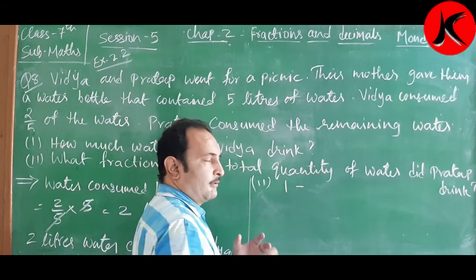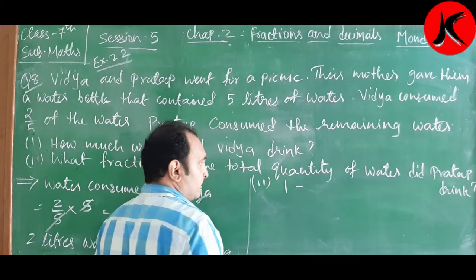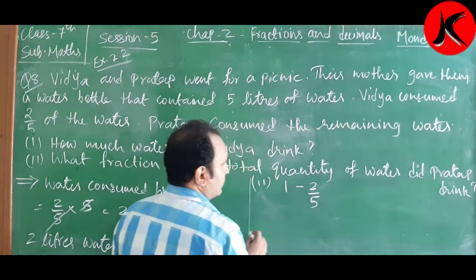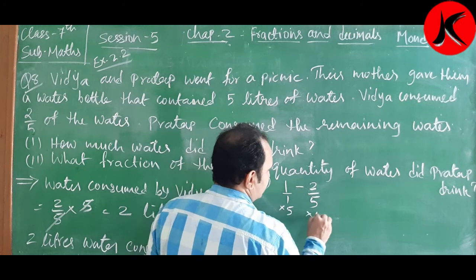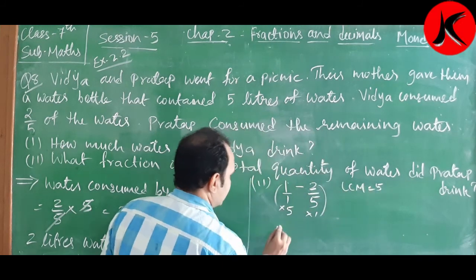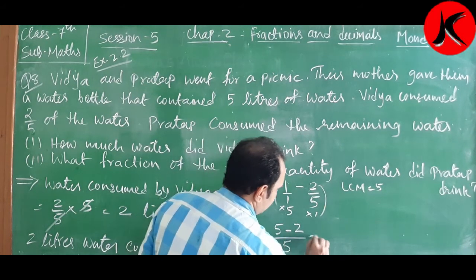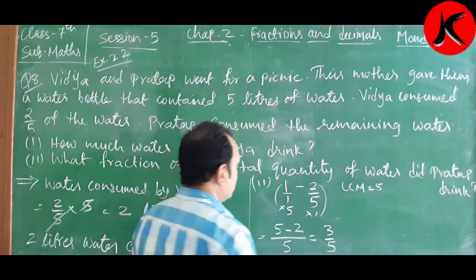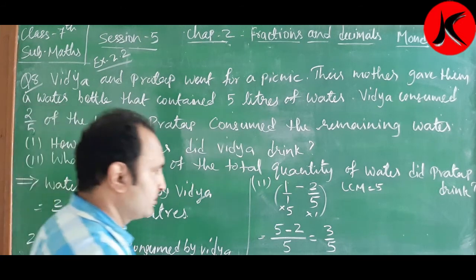So I have to find how much fraction was drunk by Pratap. From the whole fraction 1, subtract 2/5 to get the remaining. The LCM would be 5. 5 minus 2 is 3 upon 5. So 3/5 of the water was drunk by Pratap.